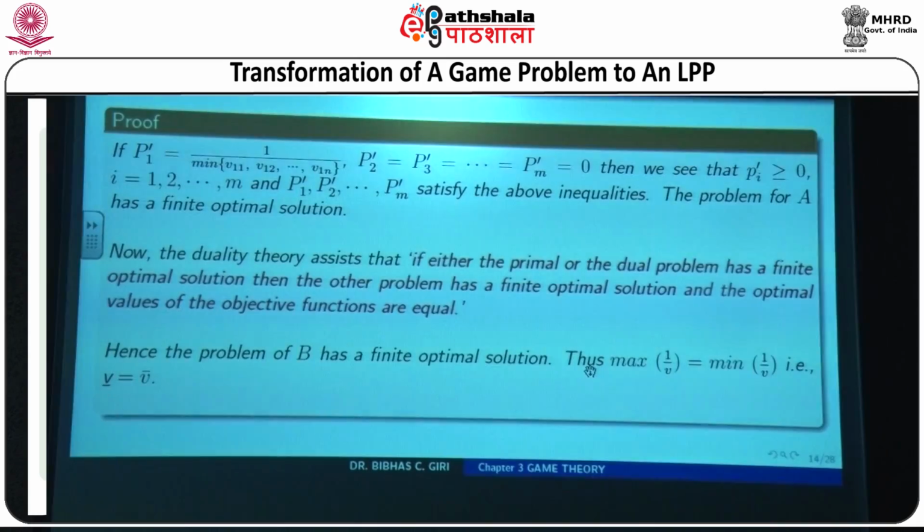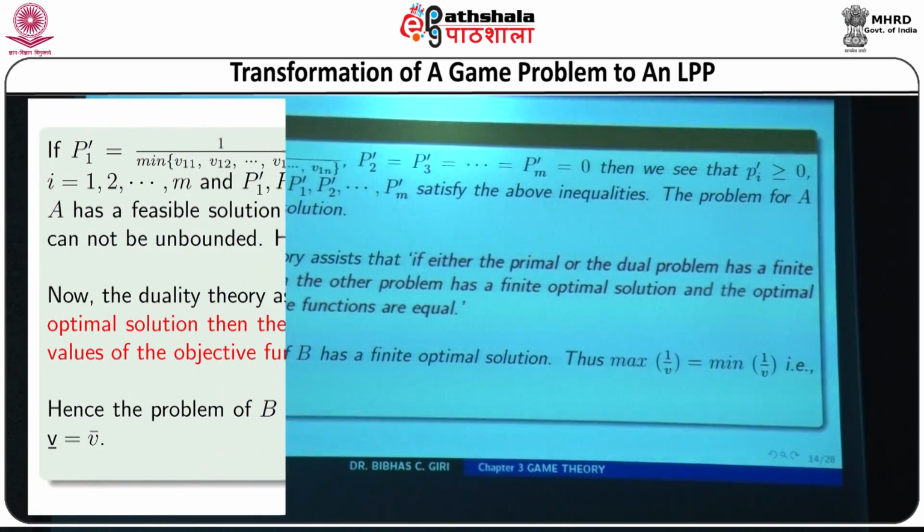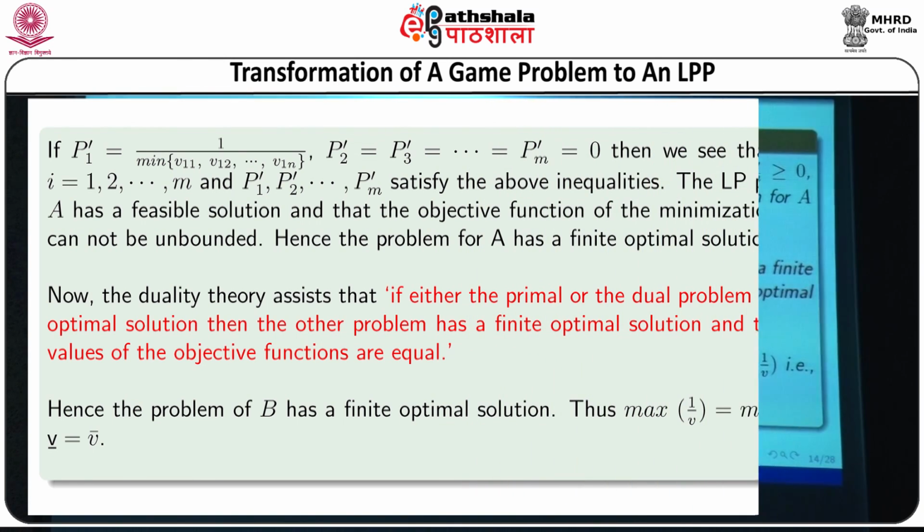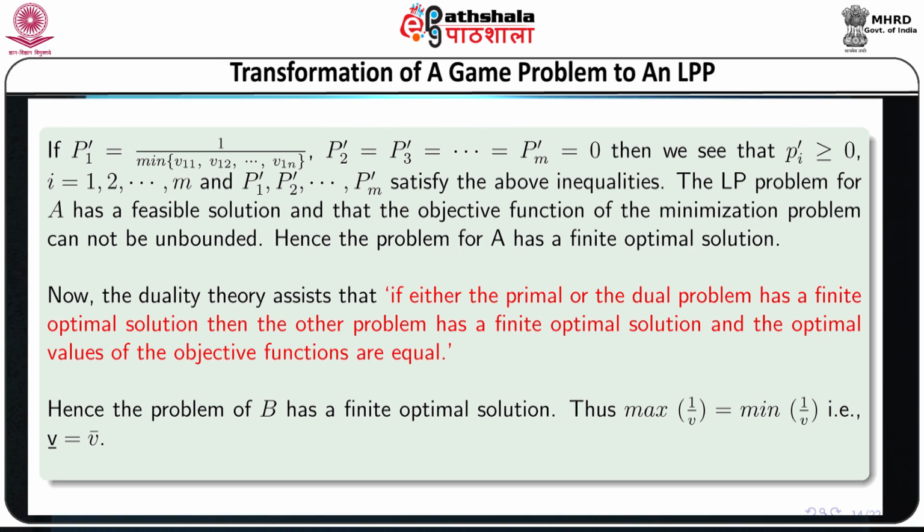Now, if we assume that P1 dash equal to 1 by the minimum of V11, V12, dot dot dot up to V1n, and P2 dash equal to P3 dash equal to dot dot dot up to Pm dash equal to 0, then we see that Pi dash is greater than or equal to 0 for i equal to 1 up to m, and P1 dash, P2 dash up to Pm dash satisfy the above inequalities.